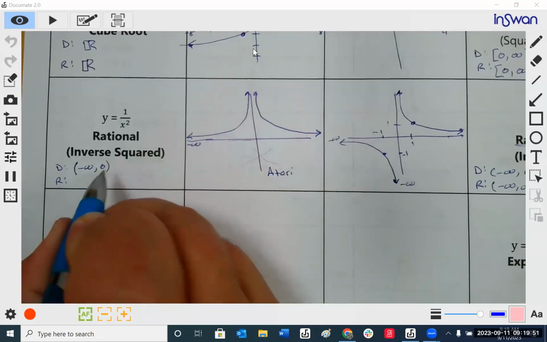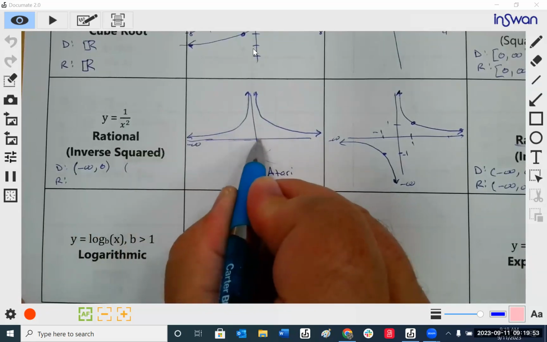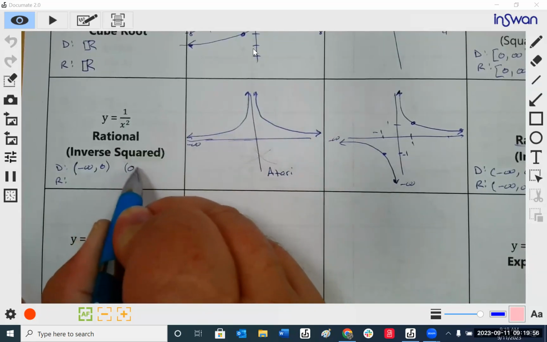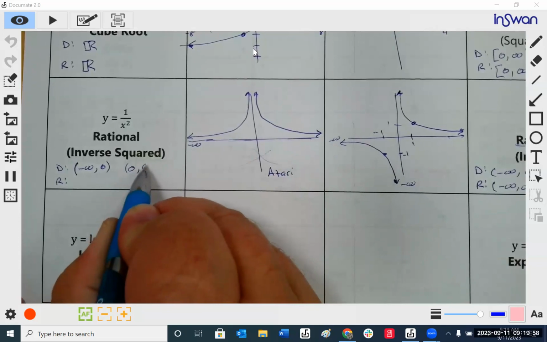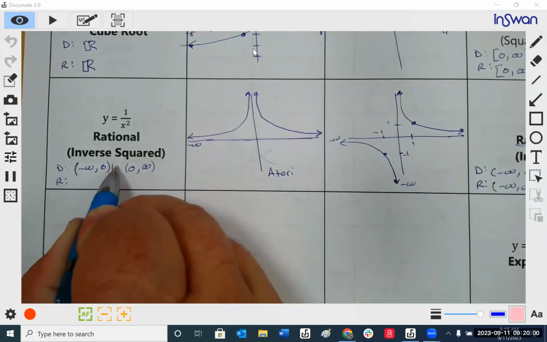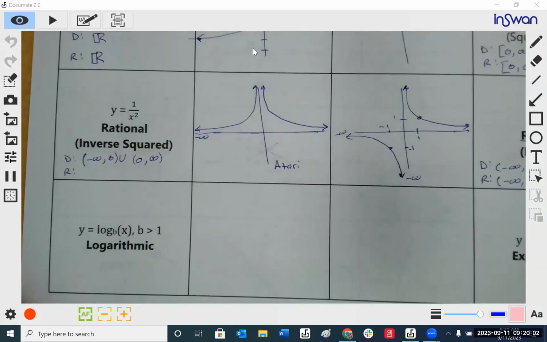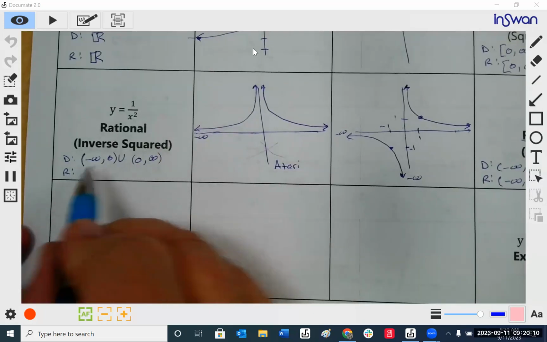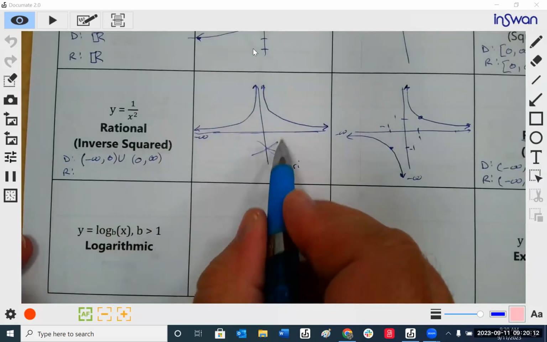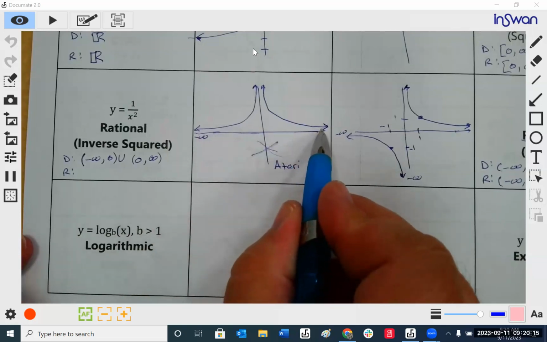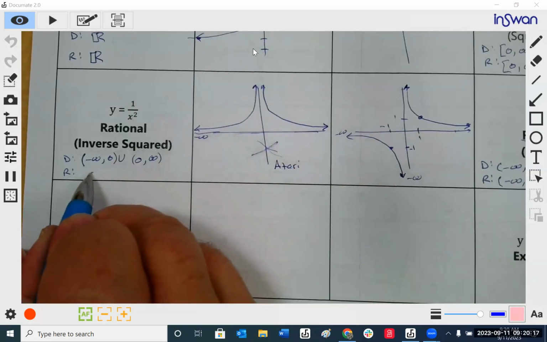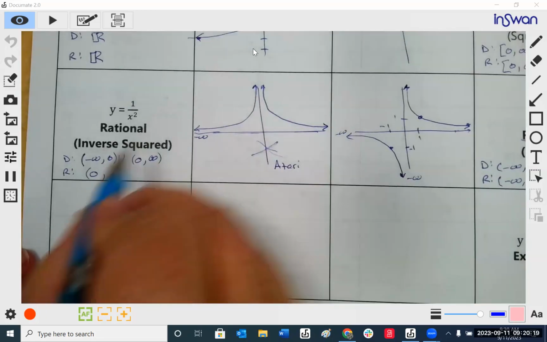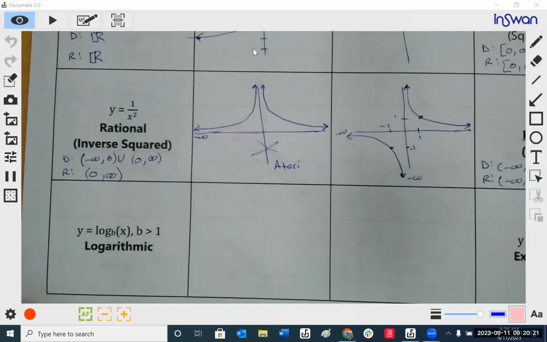No. And then the other side, I start at zero, which I can't use, so it's parenthesis, and I go all the way to positive infinity. Now the range, since we can't have negatives, can we have zero? No, it gets very close to it, but we can't use it. Then it goes on to positive infinity from there.